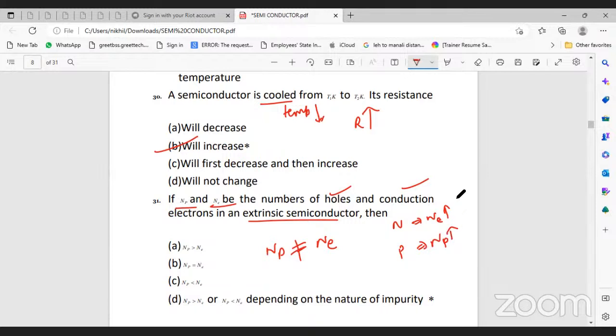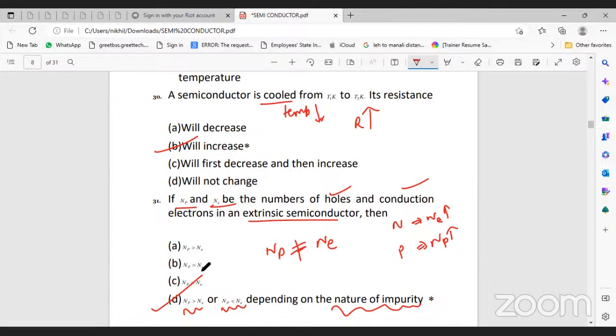Depending upon the nature of the impurity, you can conclude which will be more and which less. So option D is the right answer. Without knowing the impurity, you cannot tell which is the majority.